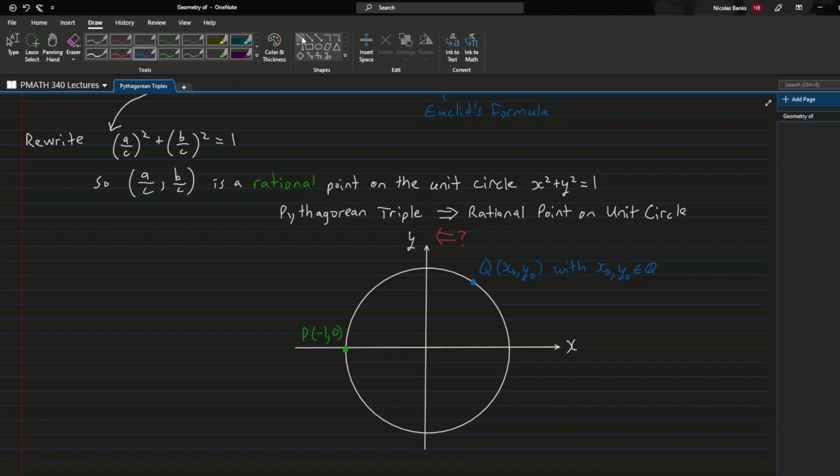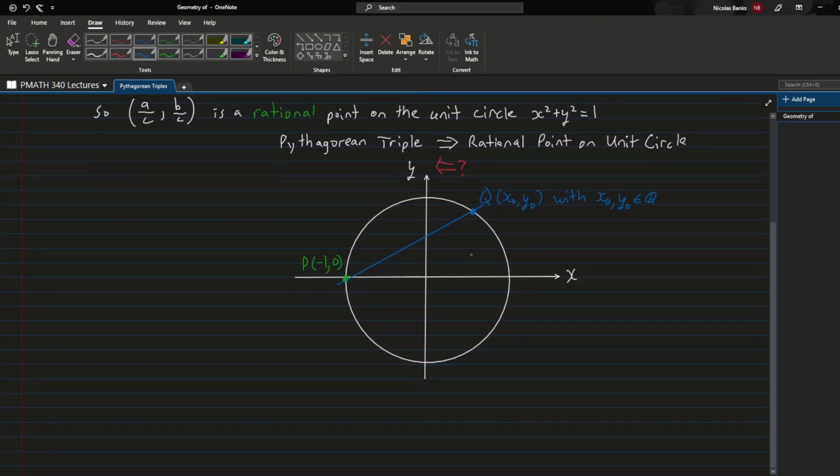I would say the main trick to the derivation that we're going to do is to connect those 2 rational points on the circle with a straight line. Okay, what does that do for us? Well, now this slope gives us a new quantity, t, we'll call it. It's the slope of this line.